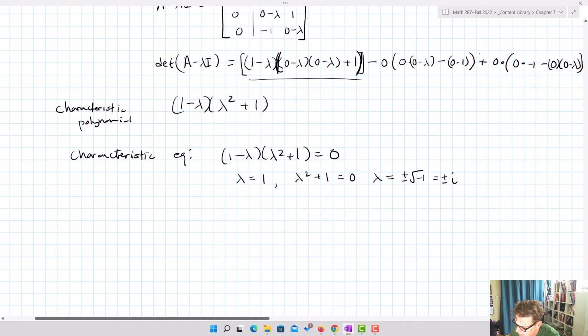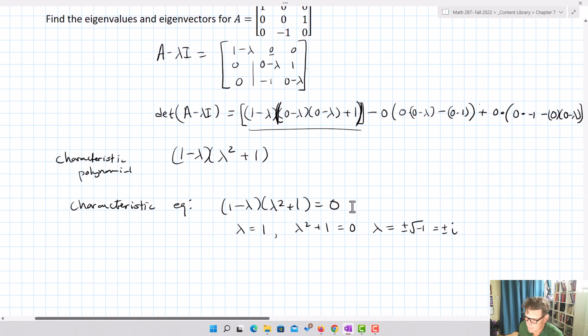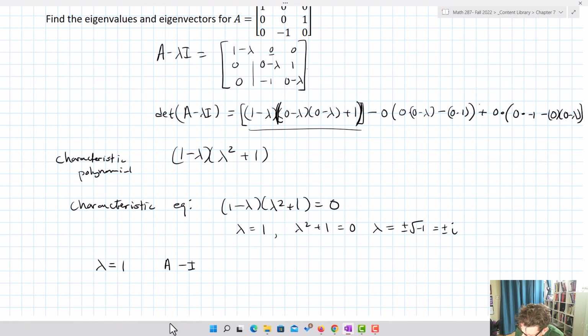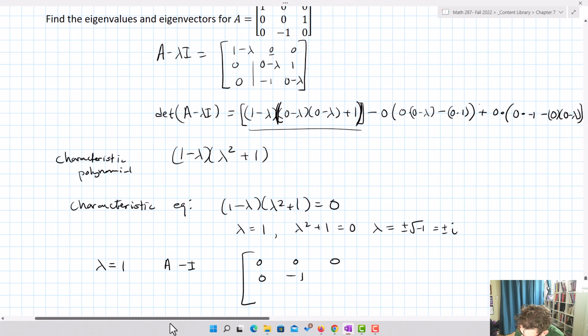So what we're going to do now is the same process. We'll start out with lambda equals 1. We'll plug that in, and we're going to get A minus I. And so A minus I is going to end up being 0, 0, 0, 0, negative 1, 1, 0, negative 1, 0, negative 1, negative 1.